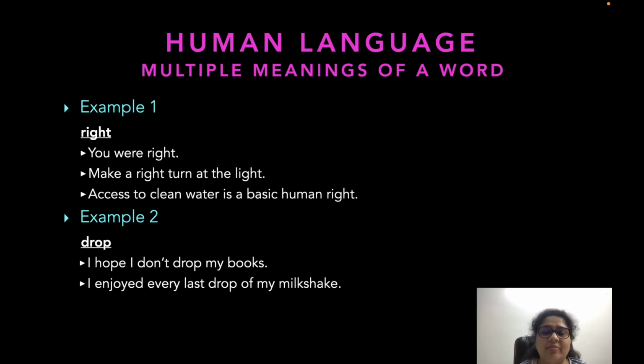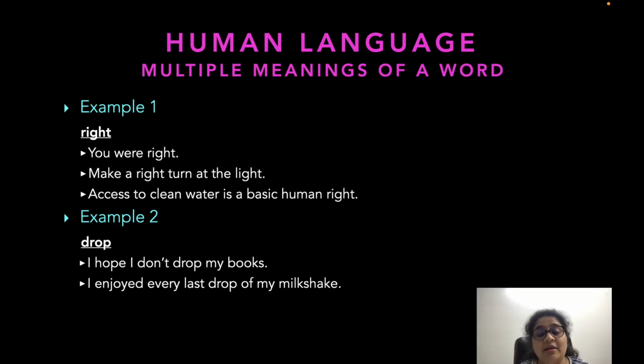All right, another example, we have taken a word called "drop." "I hope I don't drop my books." Here drop means the book falling down. But in the next sentence, "I enjoyed every last drop of my milkshake," the meaning of drop is entirely different. It's not falling.